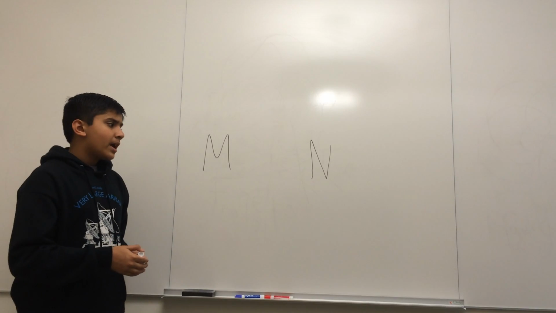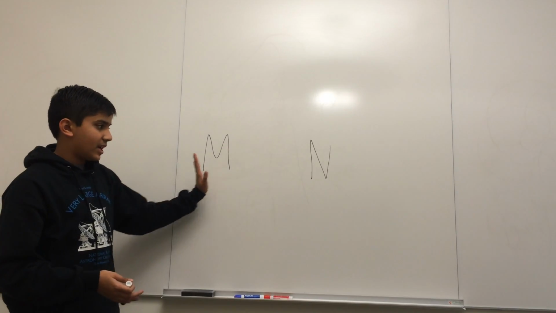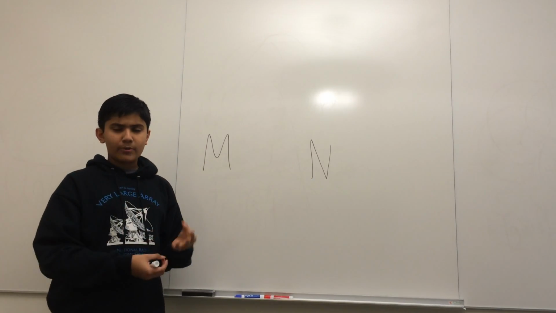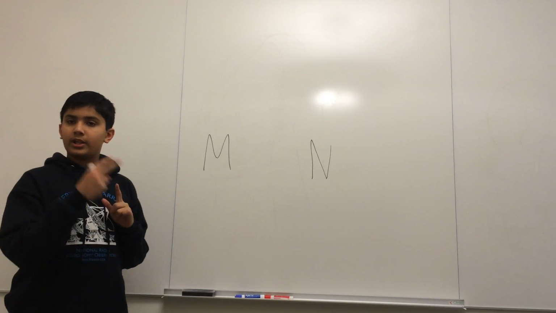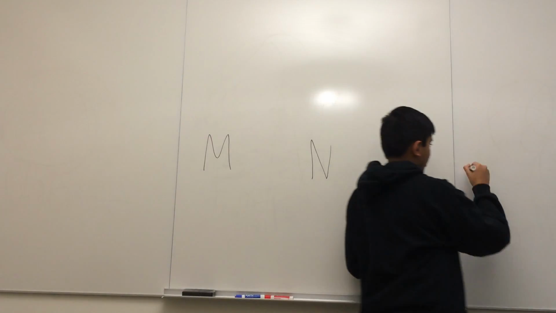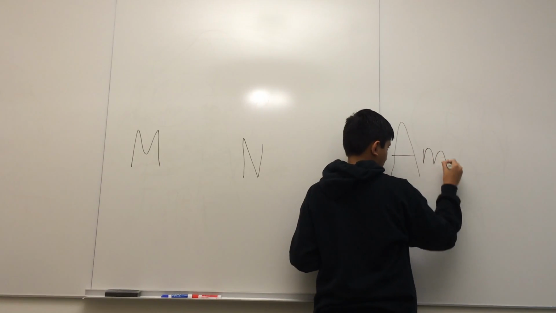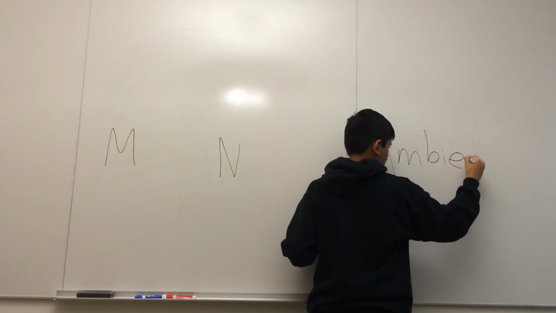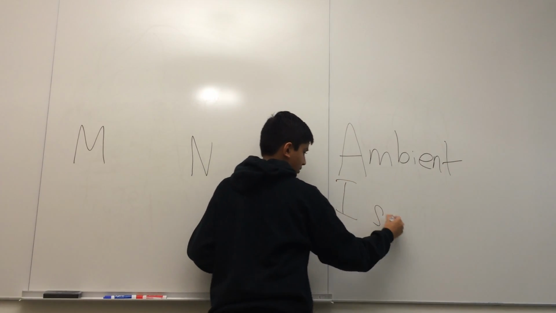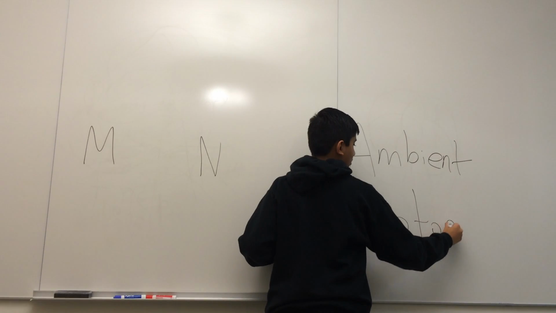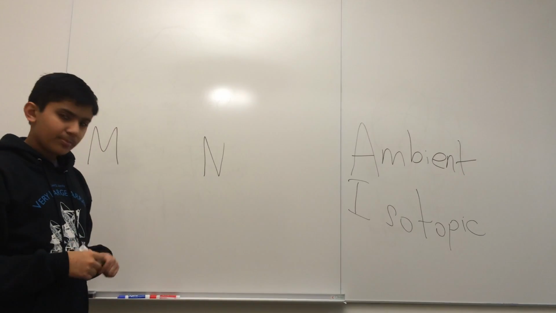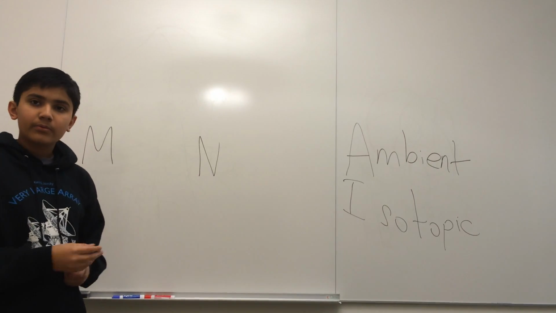And we say that if those 2 knots M and N can be transformed into each other, as I described, just by normal motions, but not cutting the string, we call those 2 knots ambient isotopic.